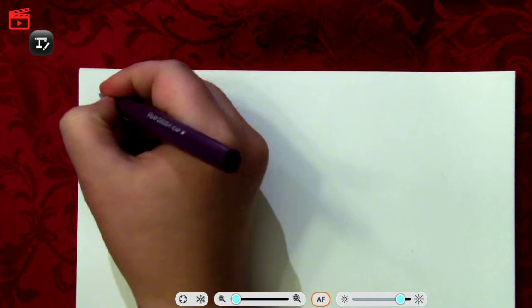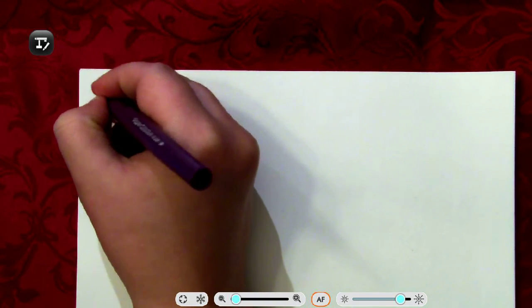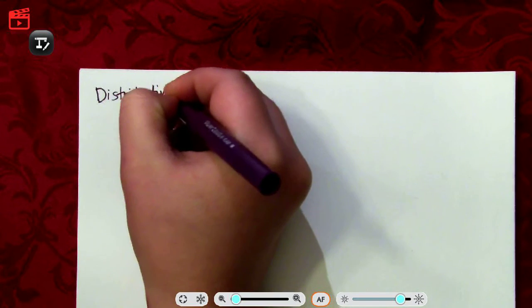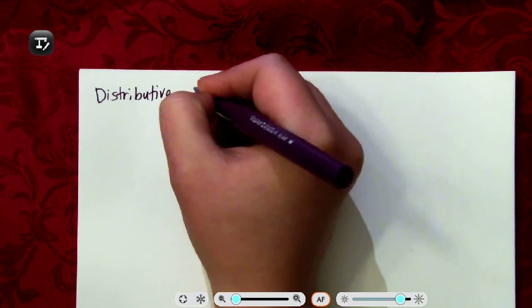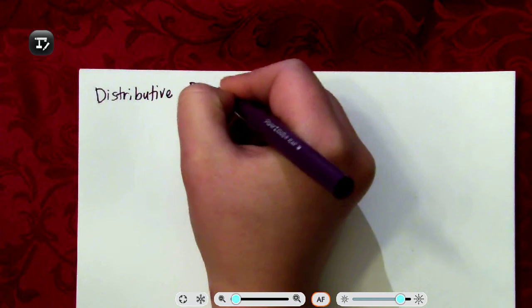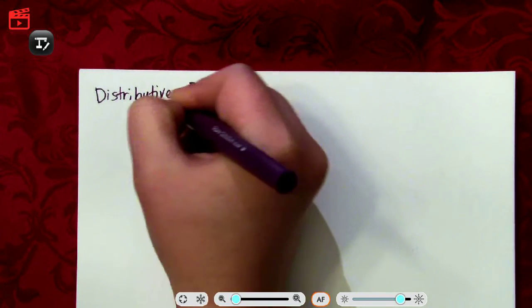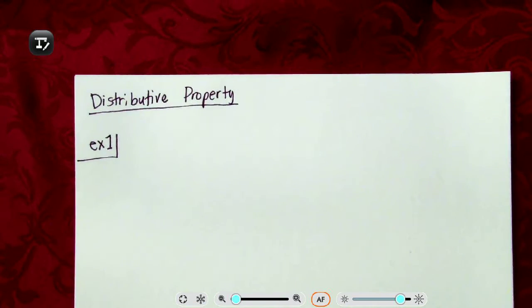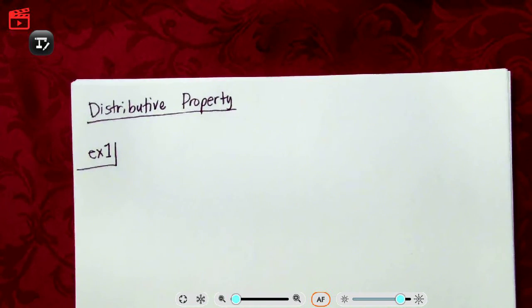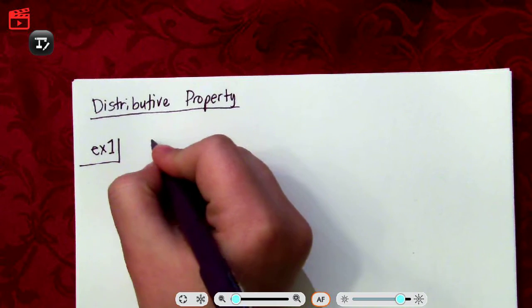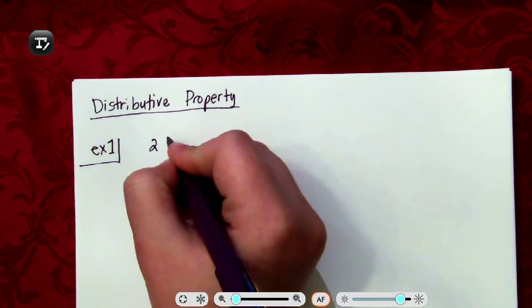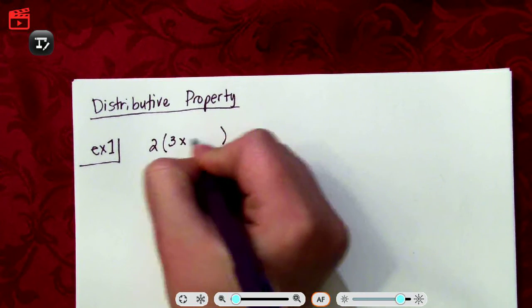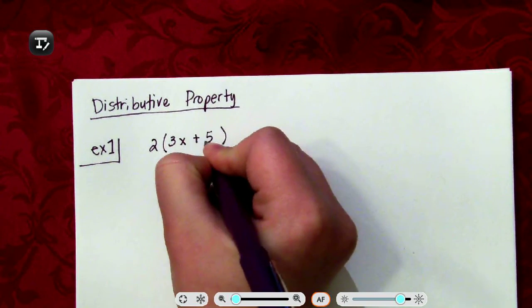So this is example number 1. Let's start out with something with pretty numbers. We like pretty numbers. 2 is a pretty number in my opinion. 2, and then we have parentheses. Let's try 3x plus 5.